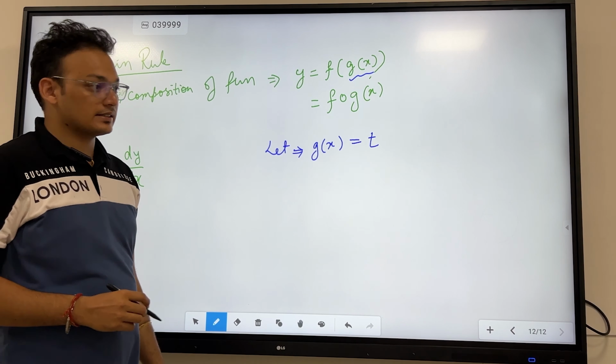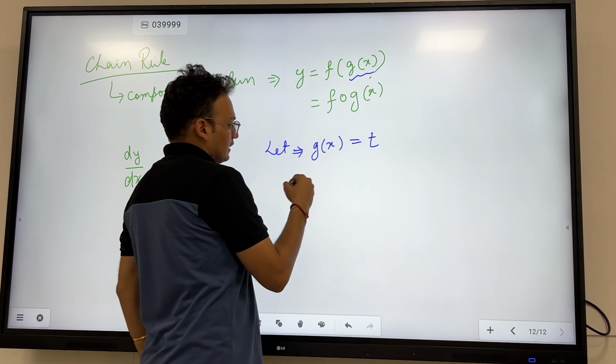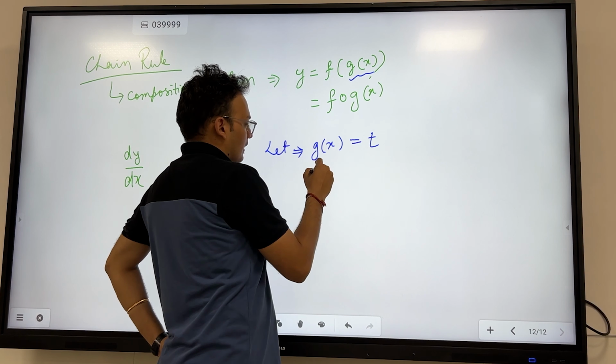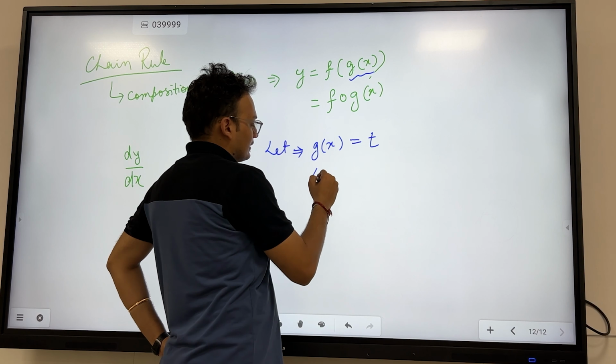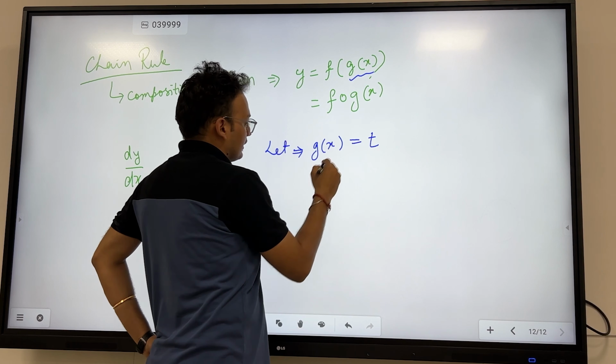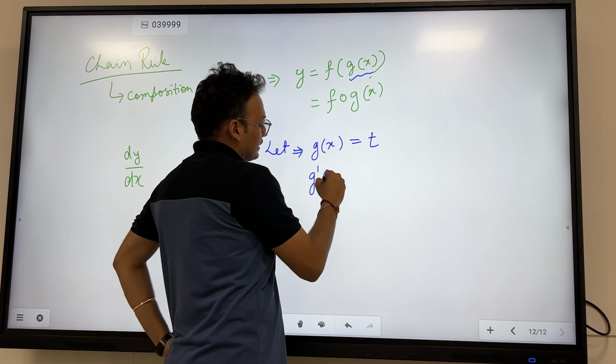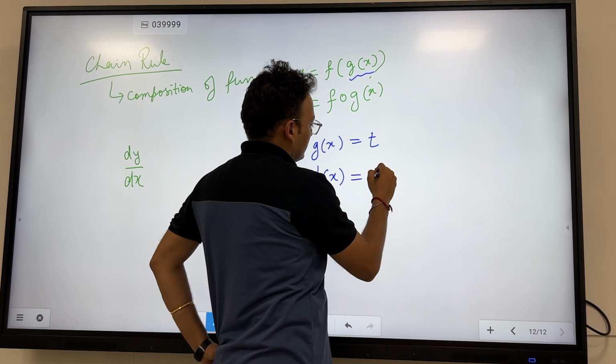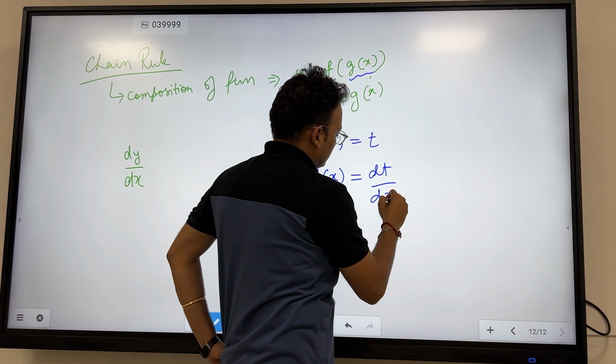Let g(x) be t, and now do the differentiation, so g dash will be dt over dx, right?